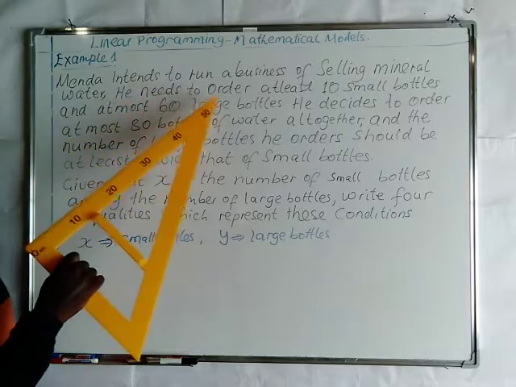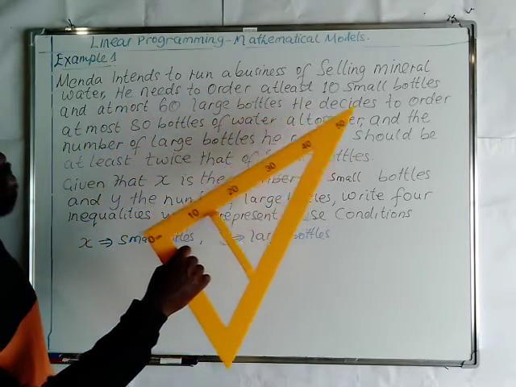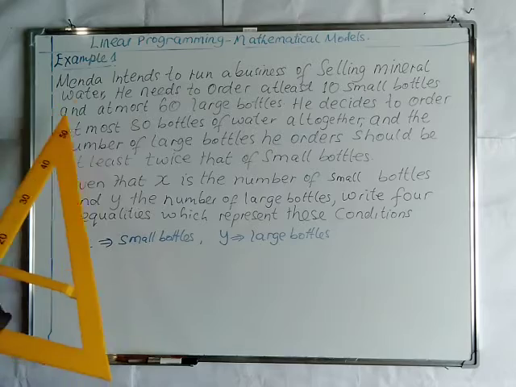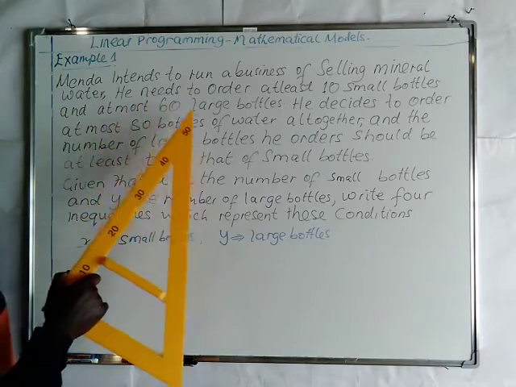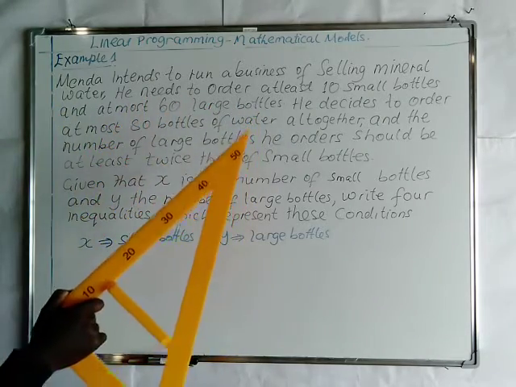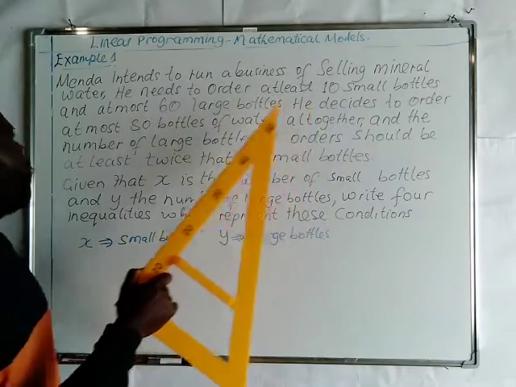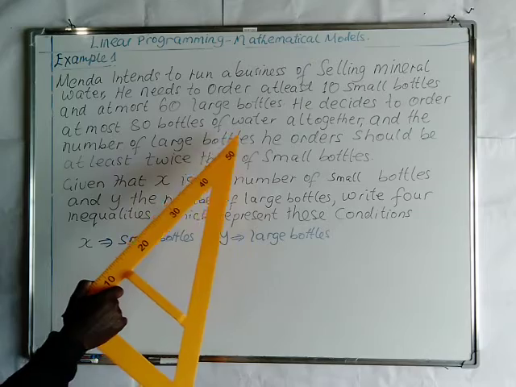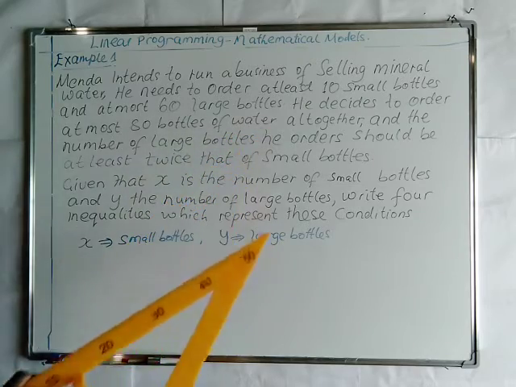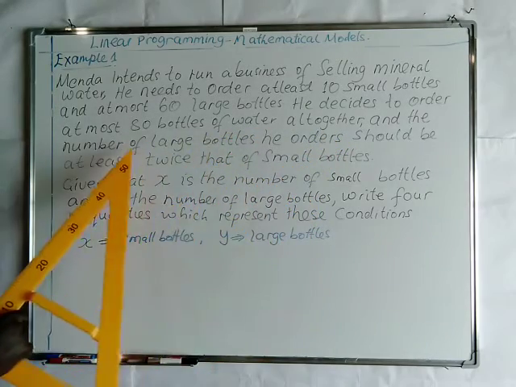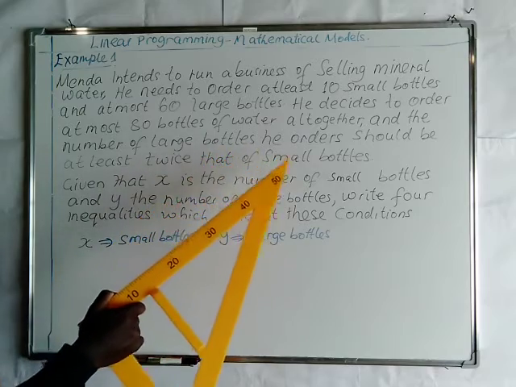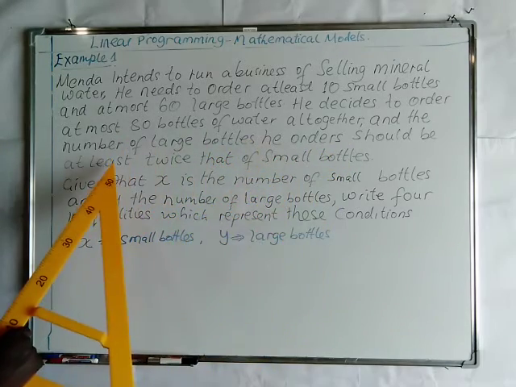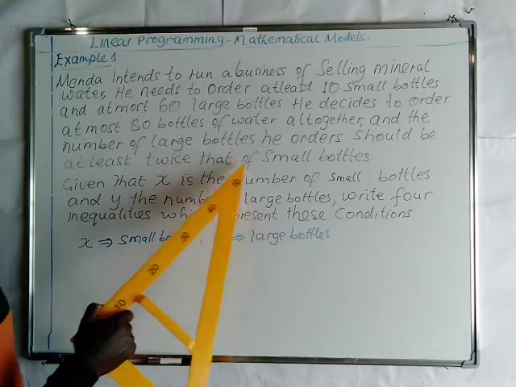He needs to order at least 10 small bottles and at most 60 large bottles. He decides to order at most 80 bottles of water altogether. And the number of large bottles he orders should be at least twice that of small bottles.